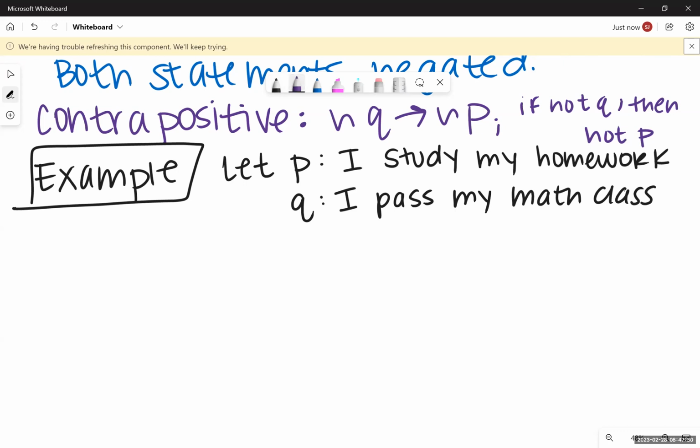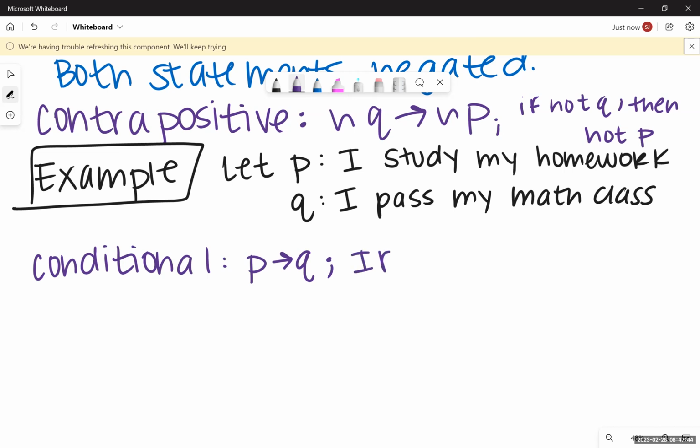Okay, so let's start first with our conditional, which we know to just be if P then Q. And that is going to literally start with the word if. And then P is I study my homework. So if I study my, I'm shortening it just to HW.